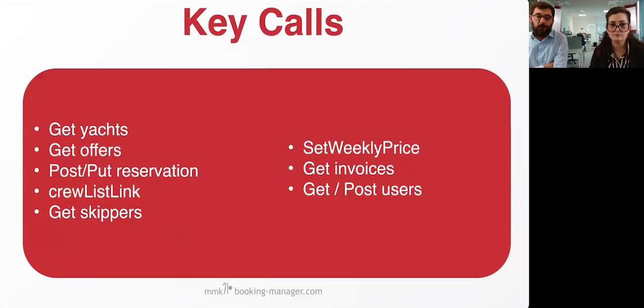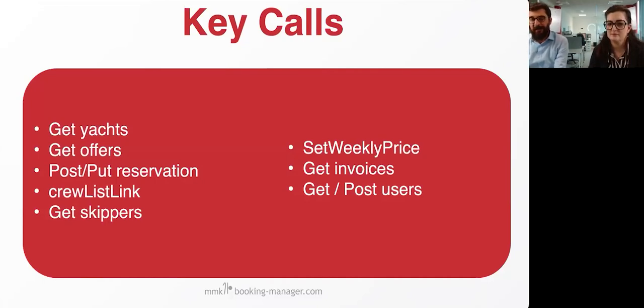The most common call in our system is get yachts. With this function, you can retrieve all the data, or the important data, for every boat. Here we need to make the first differentiation between API used by a charter company and API used by an agency.